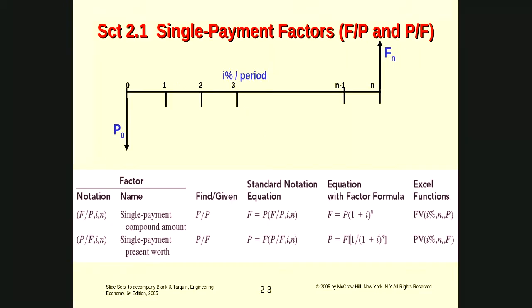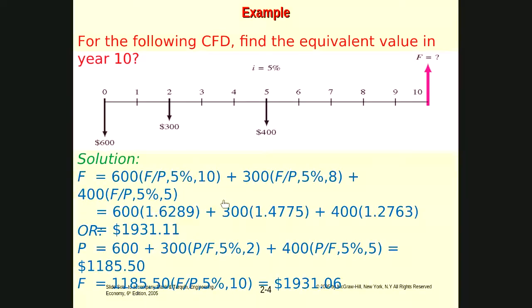To find the years, you count the number of years until you reach 10, which is 10 years. So F is unknown and P is known, so we read this as F given P: I want to find F with the given P that I have in the question. And 5% is the i, and N equals 10.